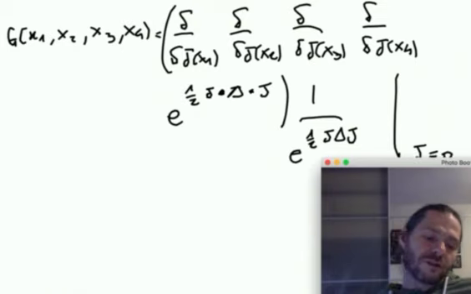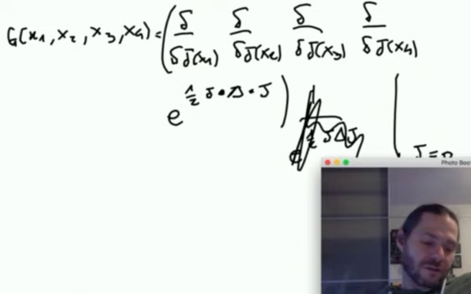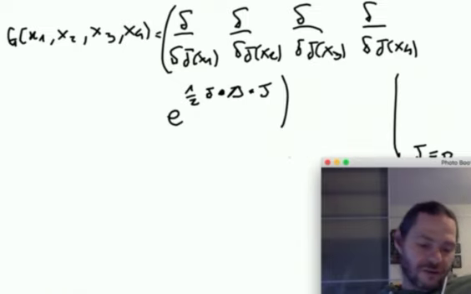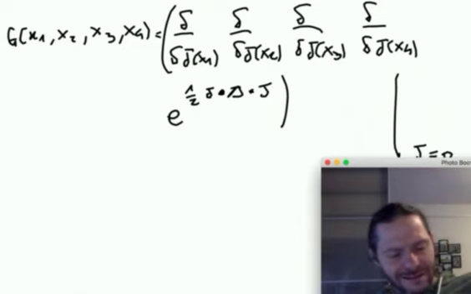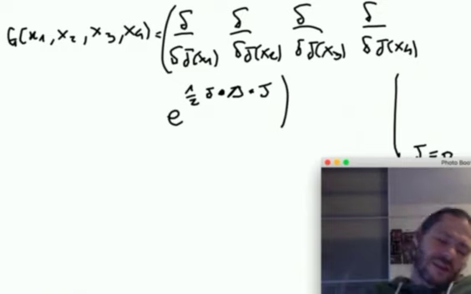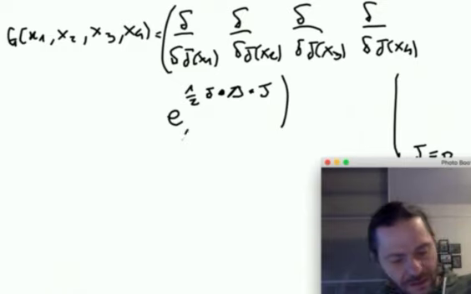I also want to notice that I can even get rid of this denominator factor if I remember to set j to 0 at the end, because when I set j to 0, this exponential factor will disappear anyway, so I don't even have to worry.